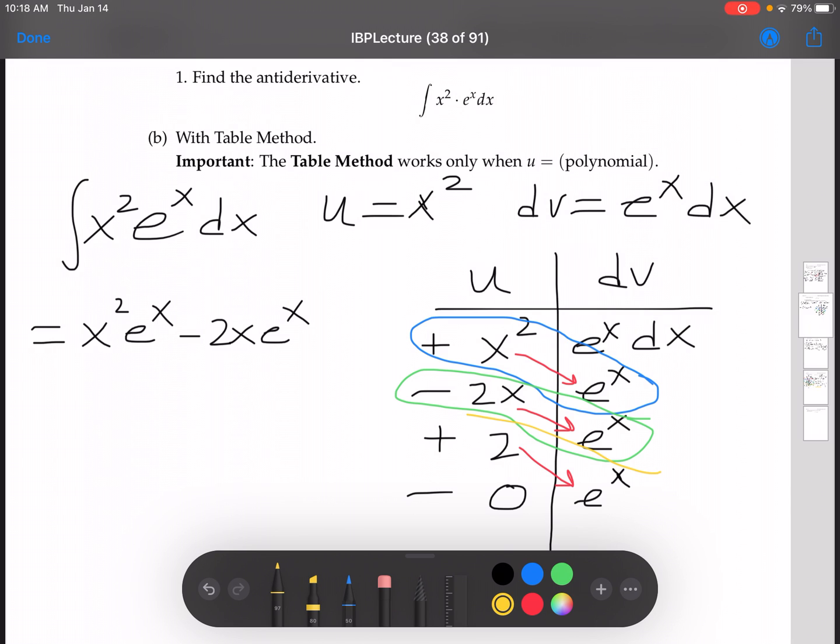And our third part is going to be this part right here. And you can check that that's exactly the same as the one from the previous video where I found this using the traditional method.